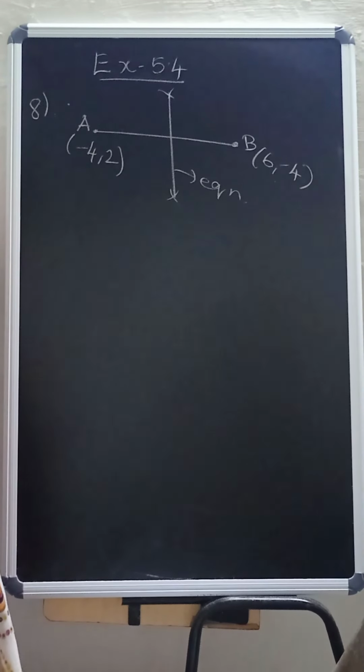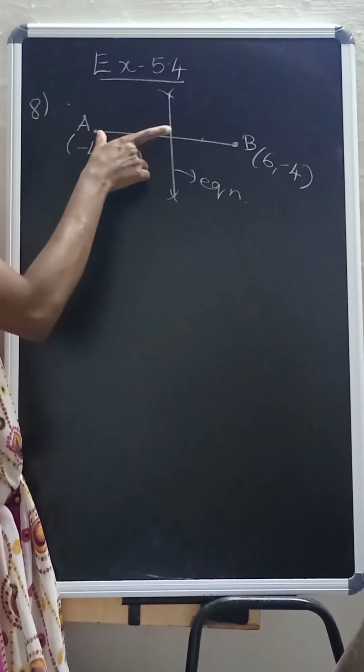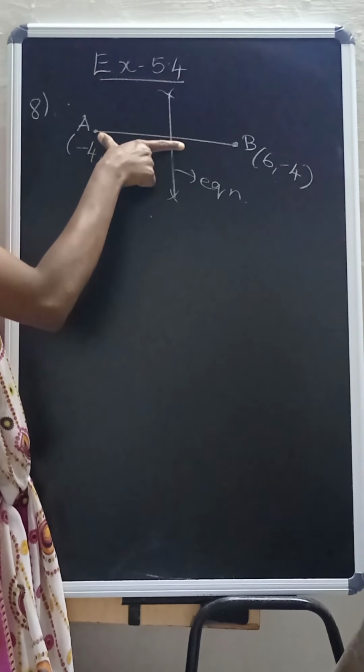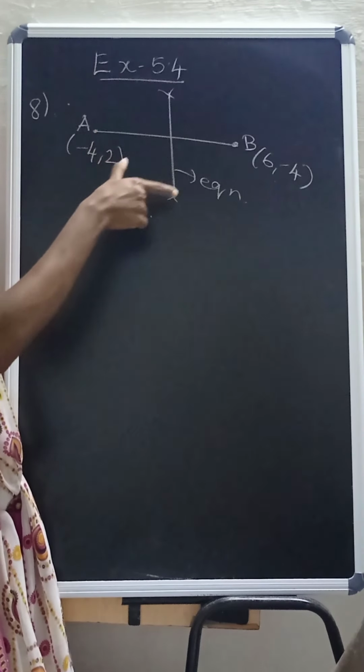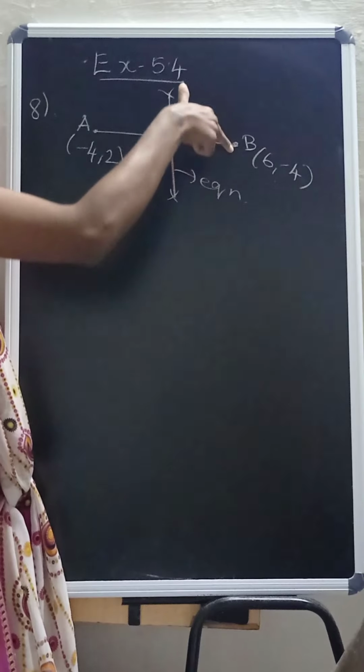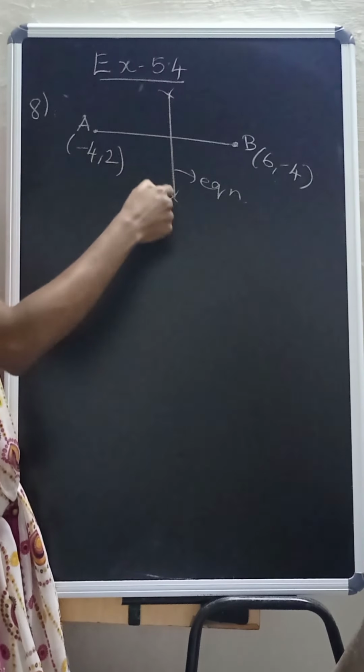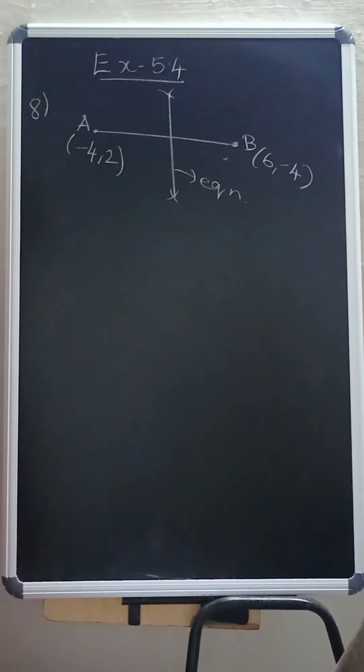Now in lower classes they would have asked you to draw the perpendicular bisector. What you would have done? You would have taken more than half of the radius, cut an arc here and cut an arc here. Without changing the radius, keep it on B, cut an arc here, cut an arc here. Join the line, you will get a perpendicular bisector. So the same thing we are going to use here.